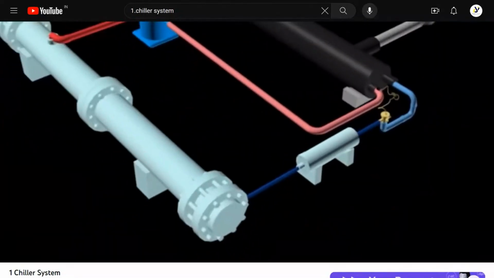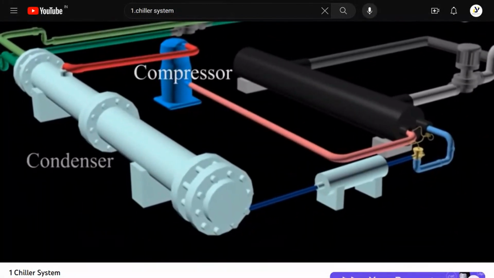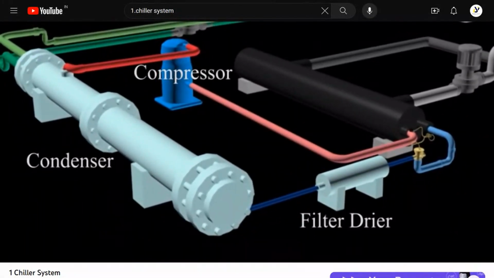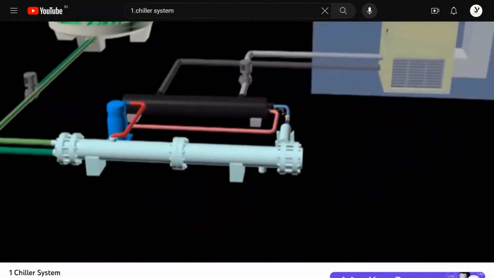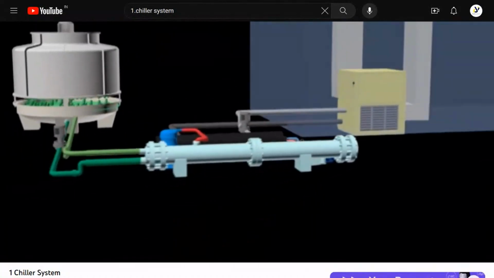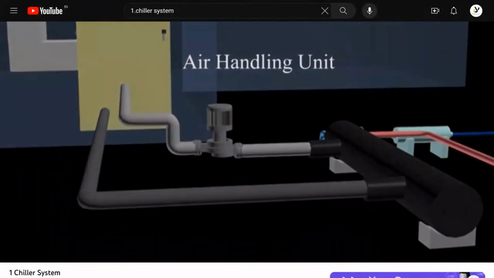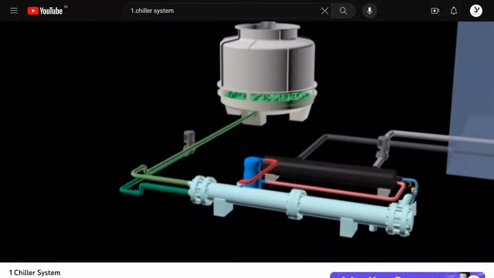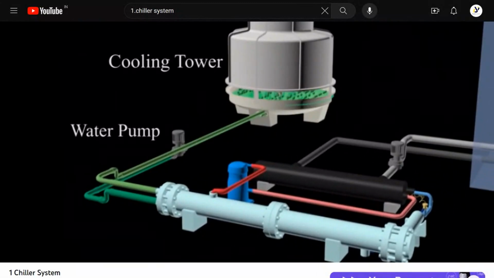The components involved in the refrigerant cycle are the compressor, condenser, filter dryer, expansion valve and evaporator. For the chilled water cycle, the components involved are the air handling unit and water pump. In the condenser water cycle, the components needed for the process are the cooling tower and water pump.